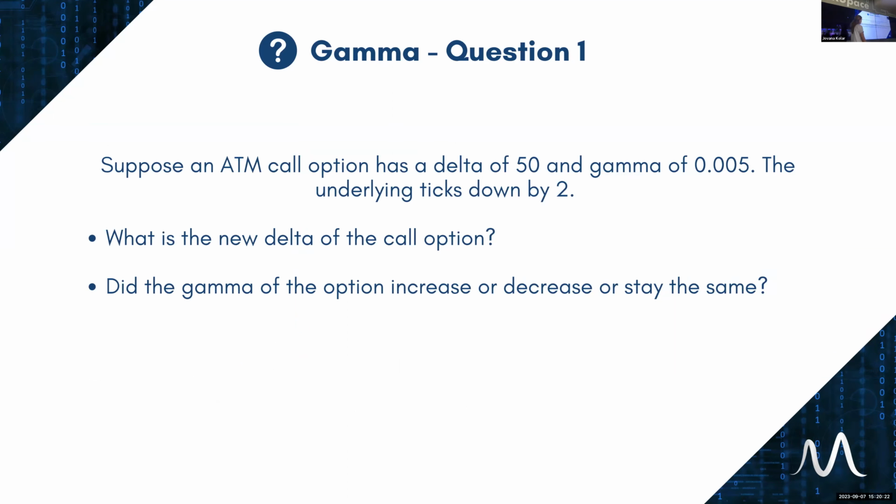Okay, so let's see an example. Let's say you have an at-the-money call, delta 50, and your gamma is 0.005, and the underlying ticks down by 2. What would be the new delta of the call option?